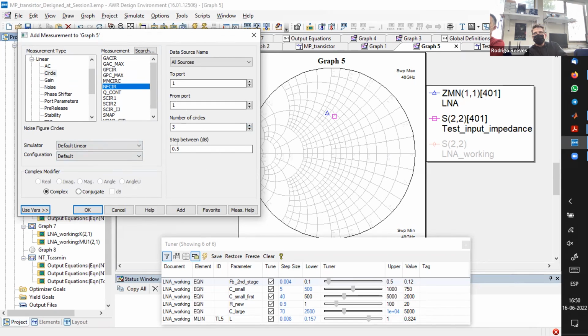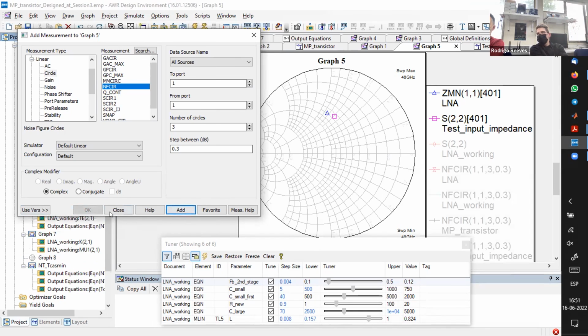And I think the step is, we are now talking about Kelvin, so that has to be 0.01 maybe. Yeah, that's a noise figure, so it's in dB scale. Let me see, I have put it in mind. 0.3 dB steps, and we add it.